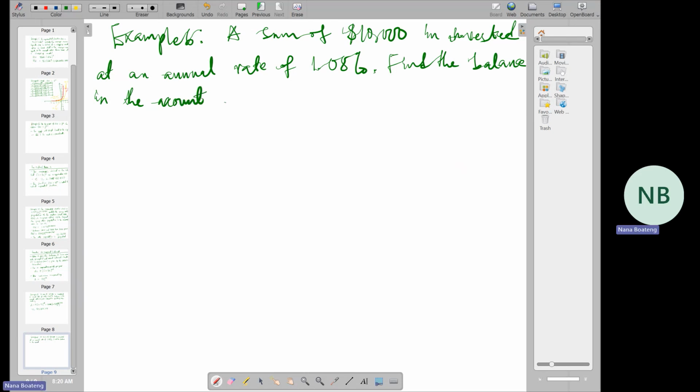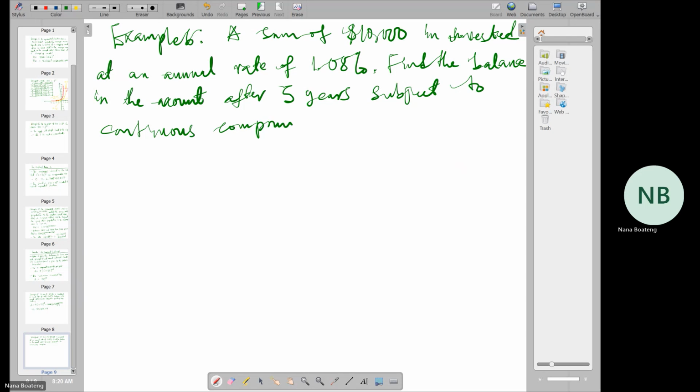So for continuous compounding, the amount is equal to P times e to the power RT.